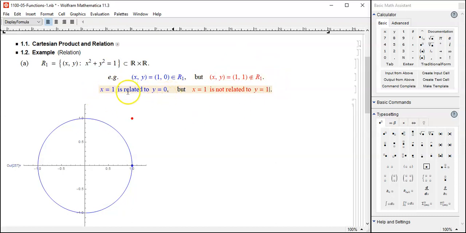So the blue statement here corresponds to this blue point, and this red statement there corresponds to this red dot there.